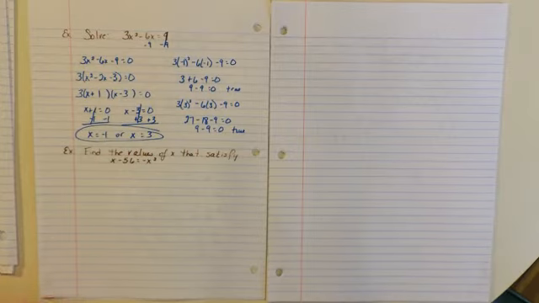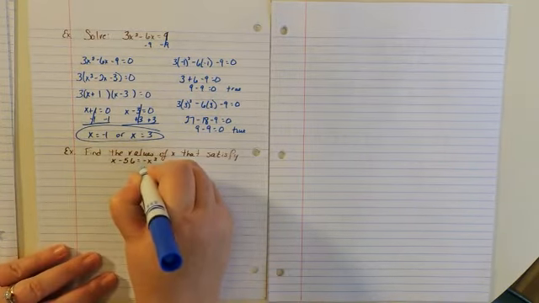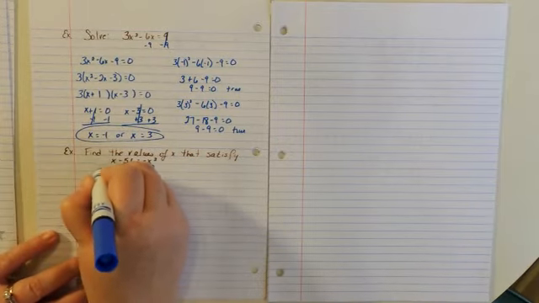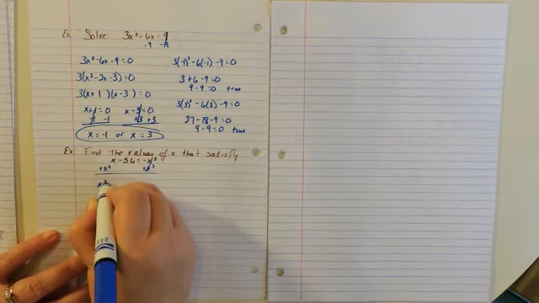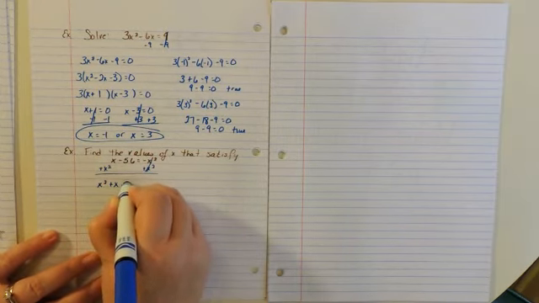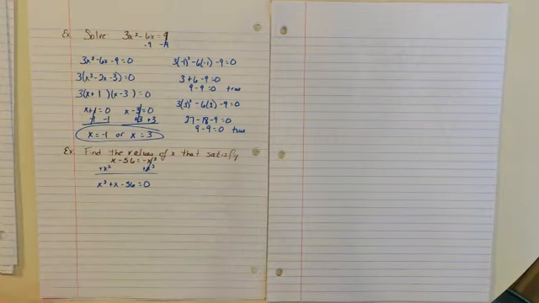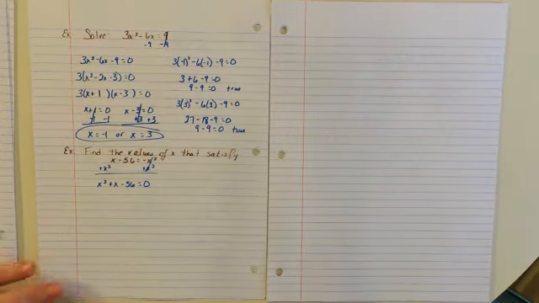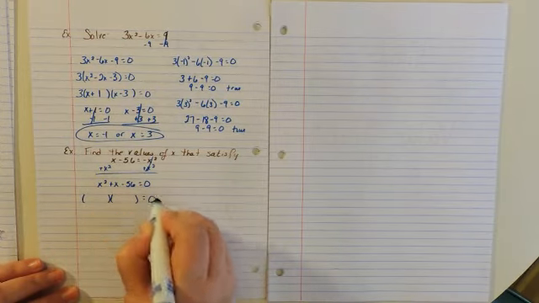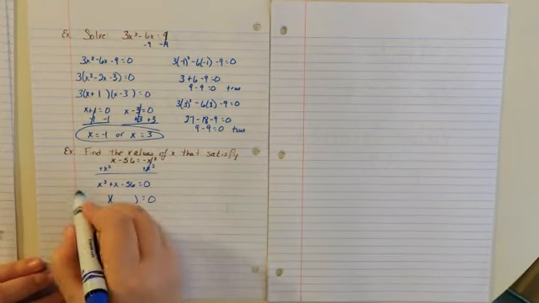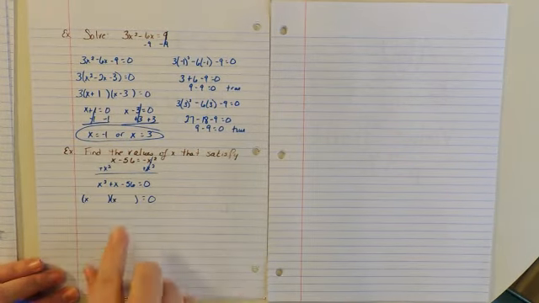Okay, here's another one. Find the values of x that satisfy x minus 56 equals negative x squared. Let's start by getting the x squared term on this side. So we have x squared plus x minus 56 equals 0. Okay, now we can factor it. Here we have x squared, so this is going to be x and x.